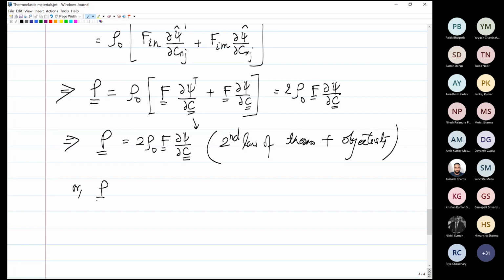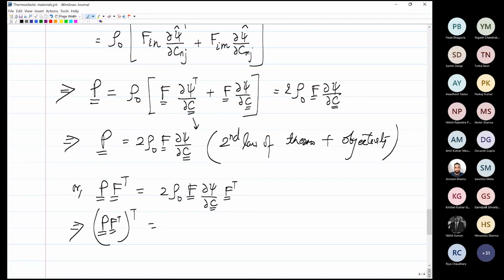So PF transpose is then 2 times rho naught into F into del psi over del C into F transpose, right? So what is the transpose of this quantity? Take the transpose on the right hand side and what do you get? You get back the same thing, isn't it?